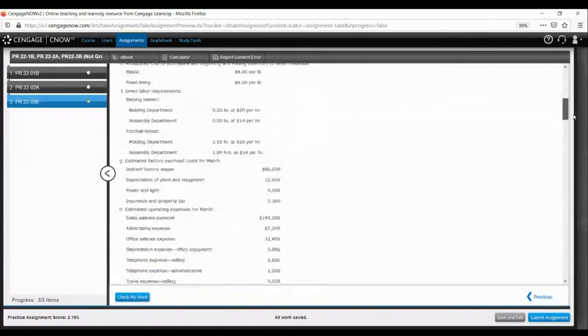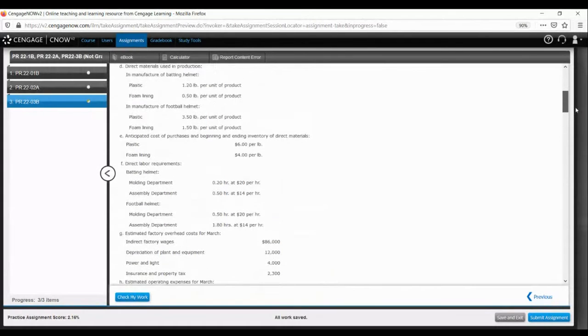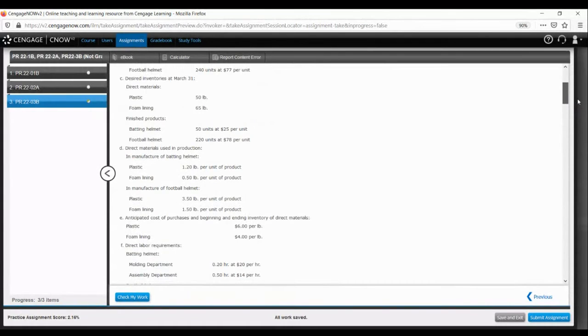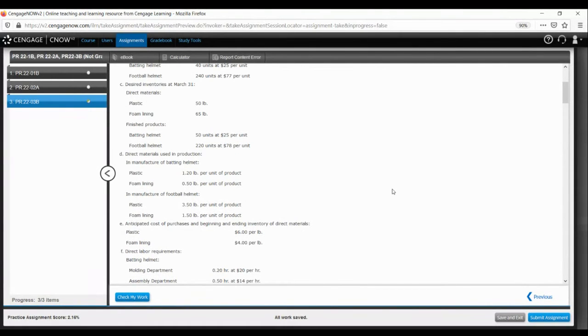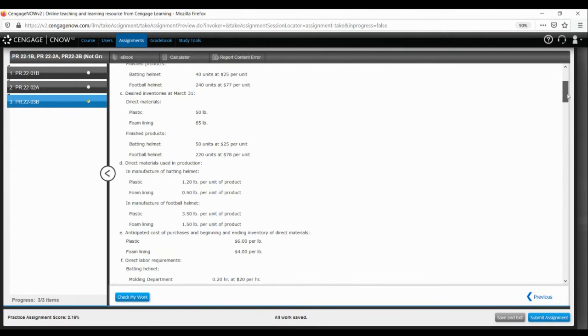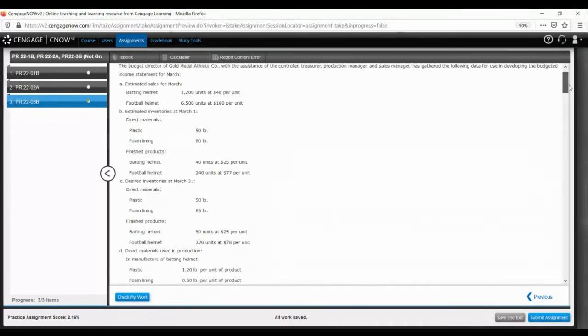It is a given amount, and that amount is found in the amount of the finished inventory or the finished products.